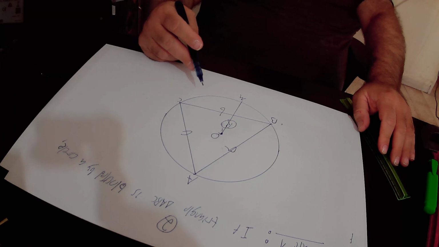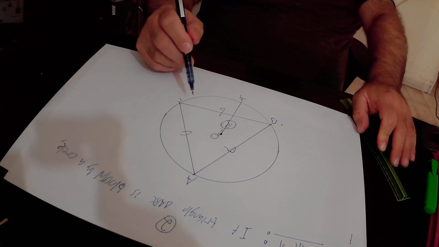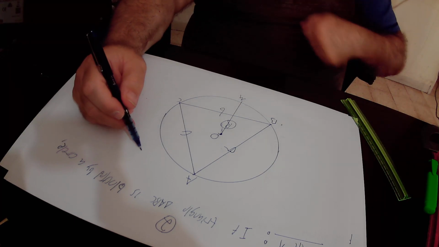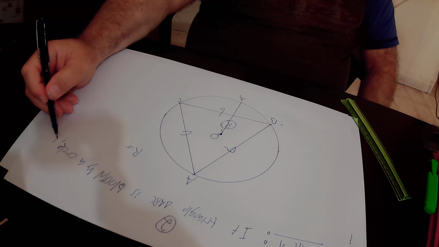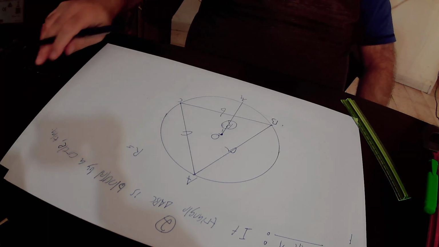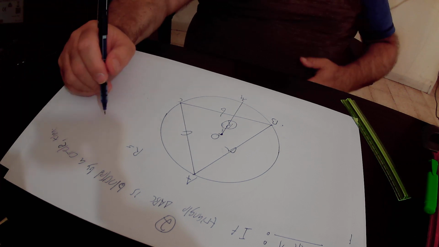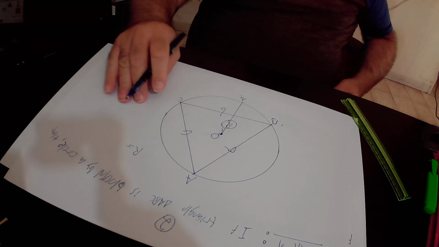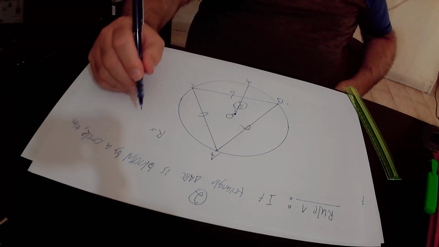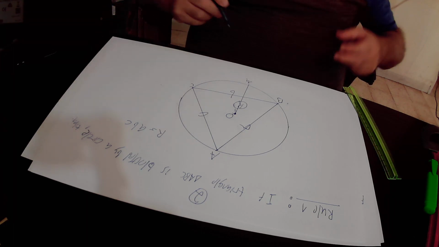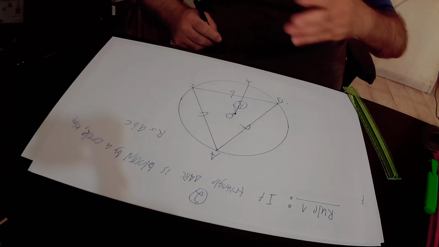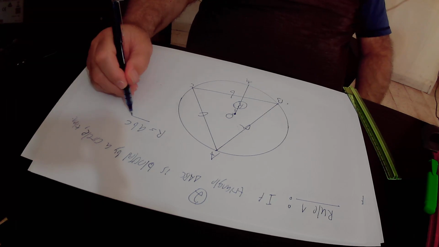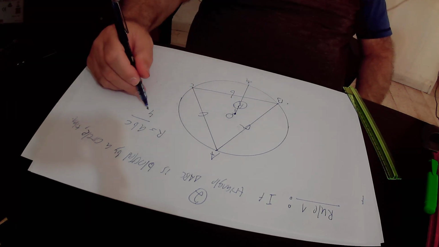So the radius of a circle that blocks a triangle, in this case it is capital R, will be equal to A times B times C, that is the multiplication of the side lengths of the triangle by each other, over 4 times the area of this triangle, triangle ABC.